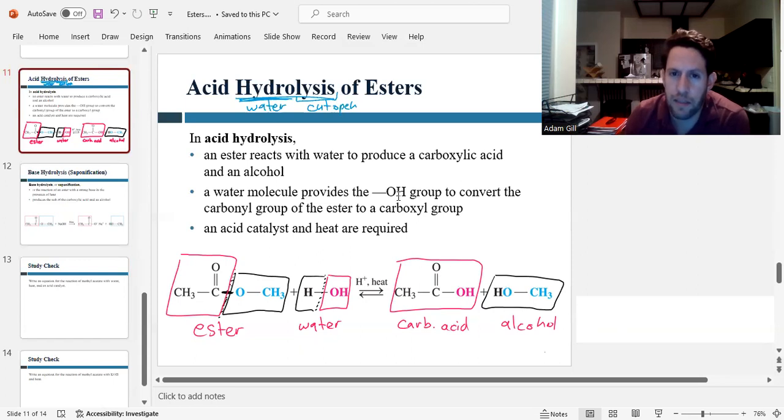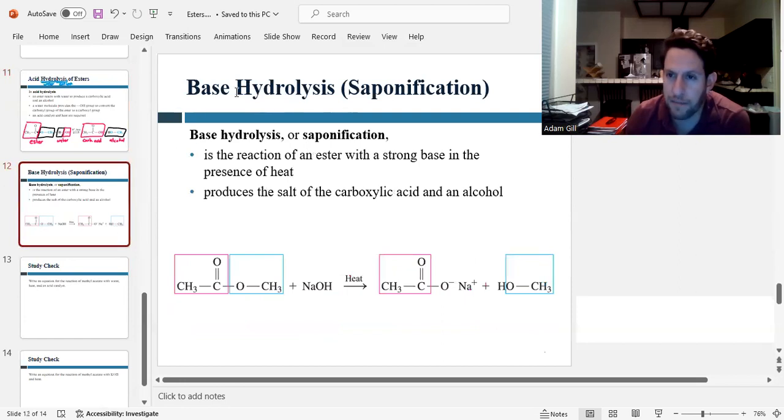Now, this is under acidic conditions because we're using an acid catalyst. It's also possible to do hydrolysis using base, and we also call this reaction saponification. But essentially, it's base catalyzed hydrolysis. And so we will be using a base, in this case, sodium hydroxide.